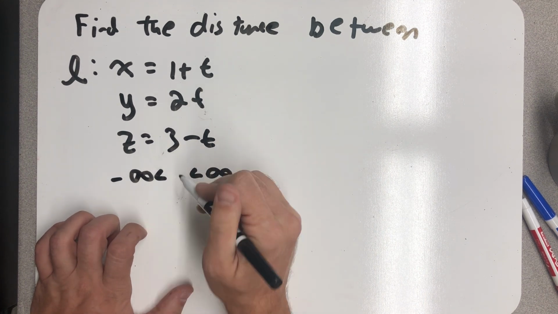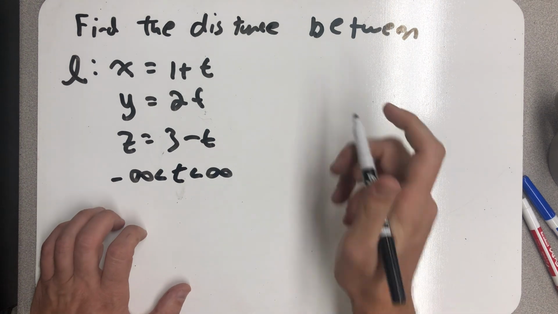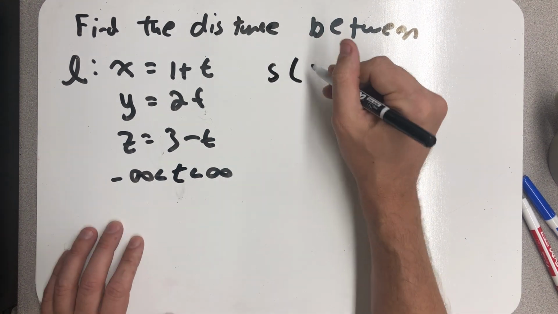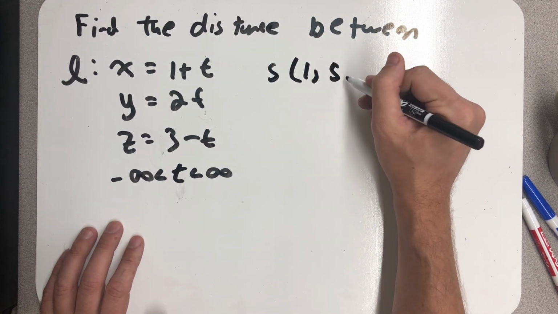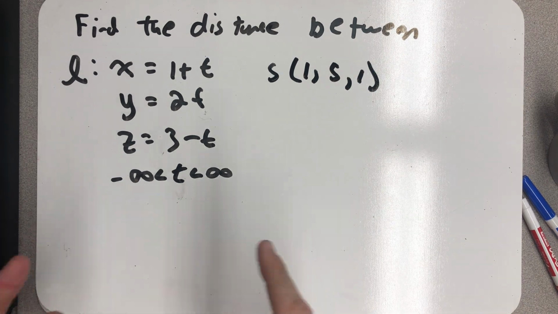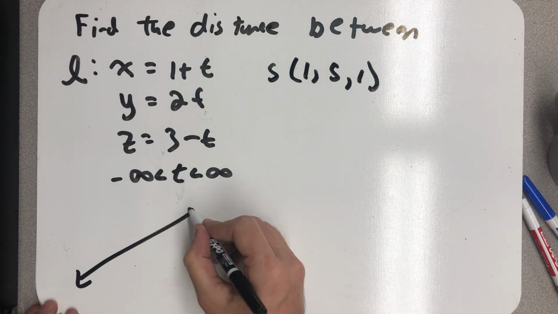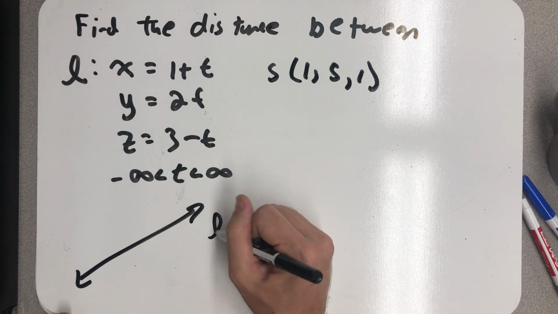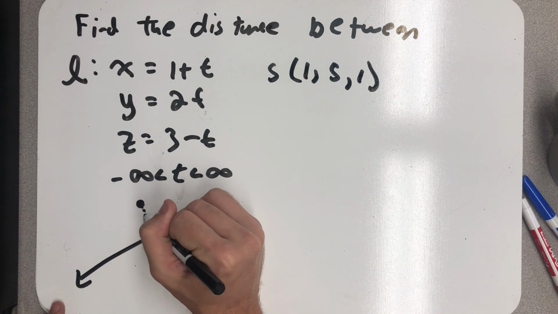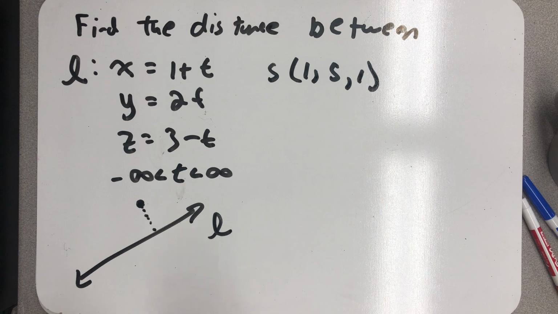So I'm dealing with the whole line, not just a line segment. And S is the point (1, 5, 1). So I want to find the distance between this line L and that point S. I'm not going to even worry about drawing them in any kind of meaningful perspective because I have the general idea of what's going on.